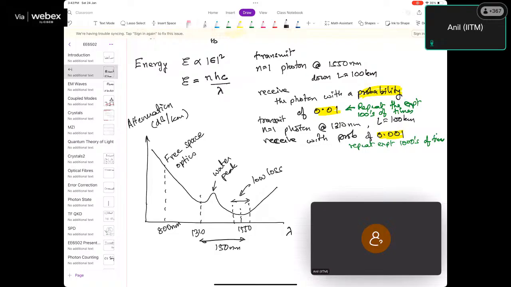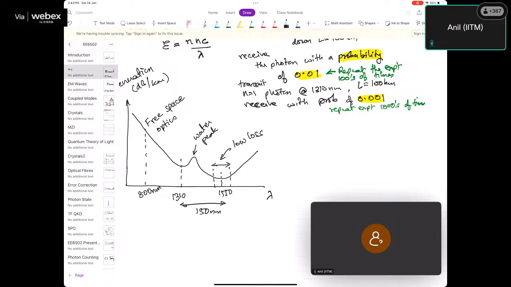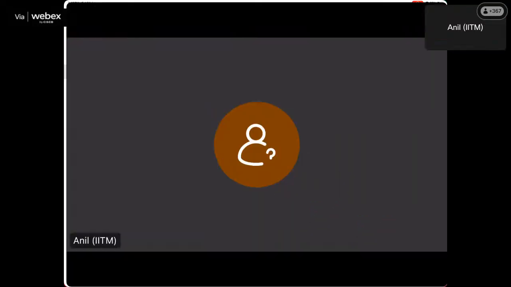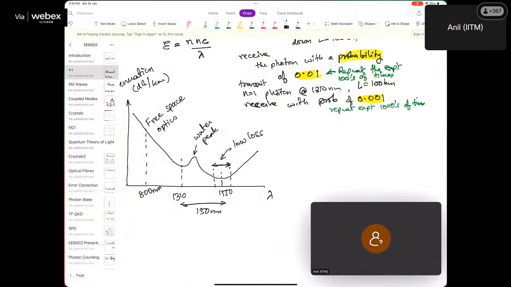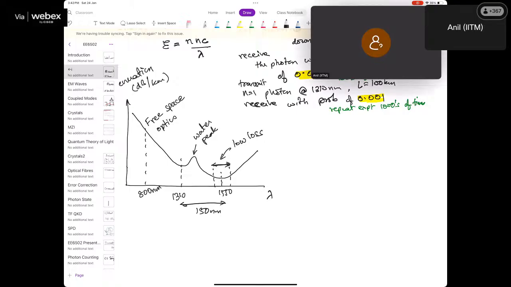A lot of the fiber optics used to be done at 1310 nanometers, but now it is done at 1550 nanometers, and that's because we have a window out here. So this is called the C plus L bands.